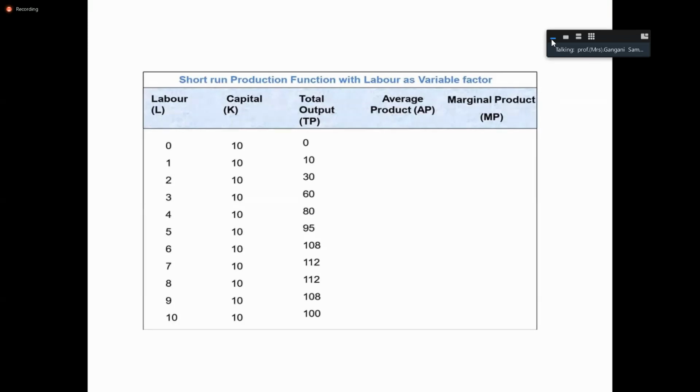First one, average product and marginal product 0. Start one. And second one, average product, just divide total output by number of units. But the marginal product, change of output over change of input.